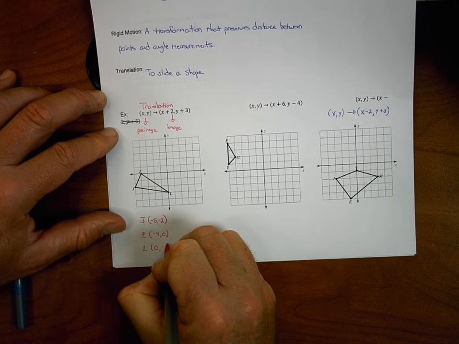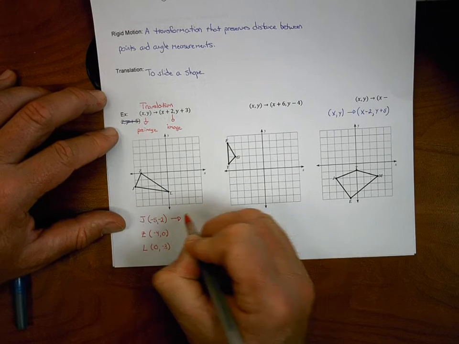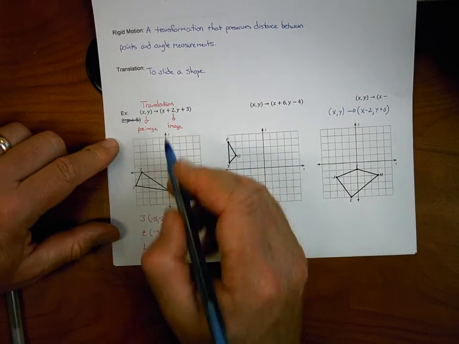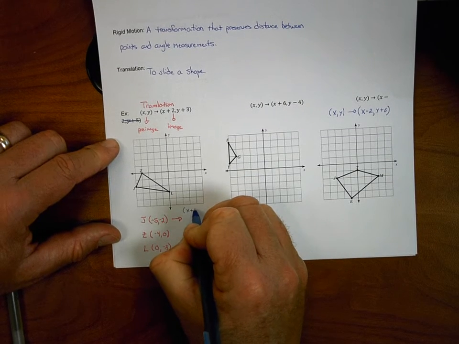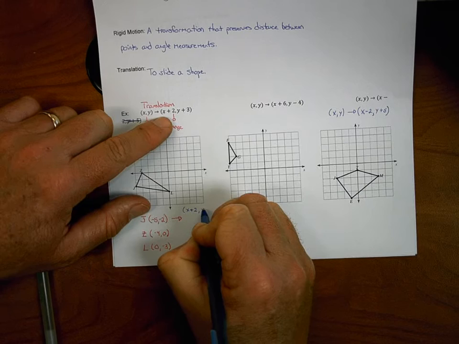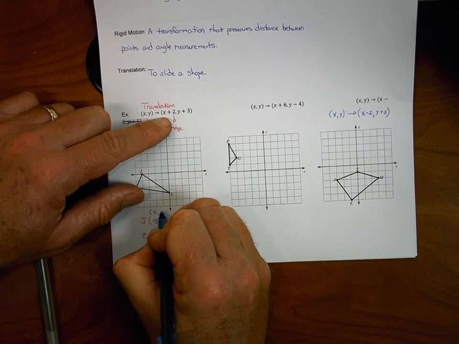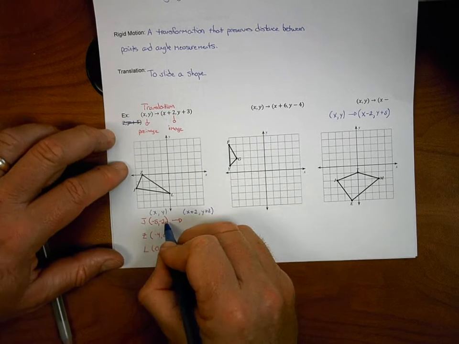Then we're going to follow this rule of x plus 2 comma y plus 3. So we're going to take whatever the x value is, add 2 to it, and then take whatever the y value is and add 3 to it.